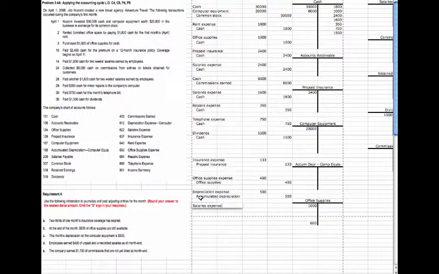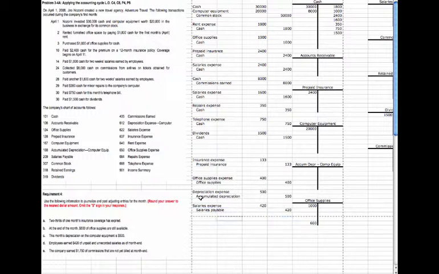That salaries expense is going to increase because we did get the benefit of their time, so we're going to increase the expense account by $420. However, we didn't pay them yet, so we have a payable called salaries payable, in the amount of $420.